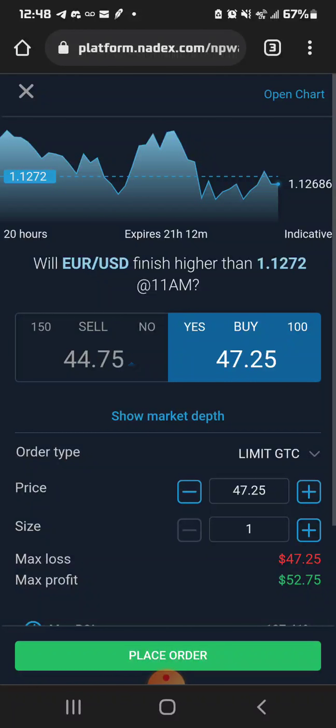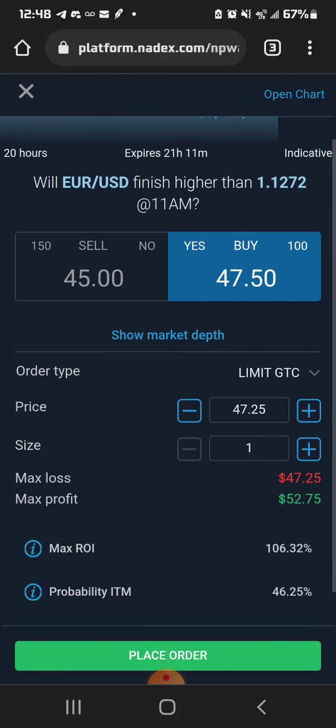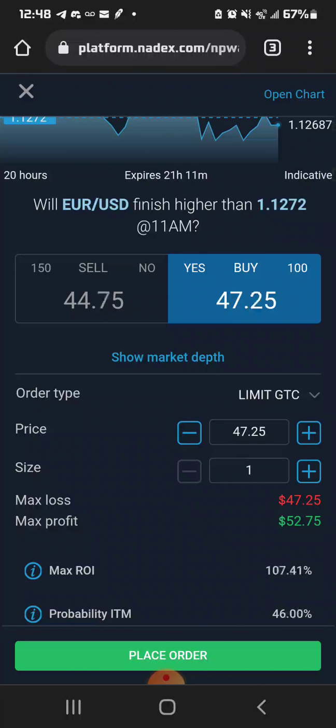And let's say I believe that price is going to be higher by tomorrow. I'm going to enter this contract right now for a buy. I can potentially lose $47.25. My potential gain is $52.75. You add that up, you get 100. That's kind of how Nadex works. All right, so I'm going to enter the trade.